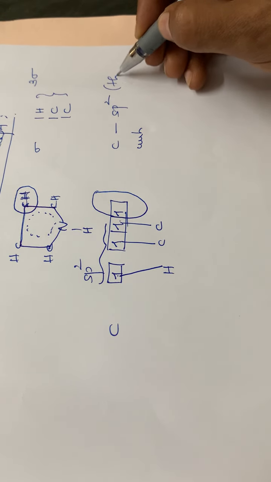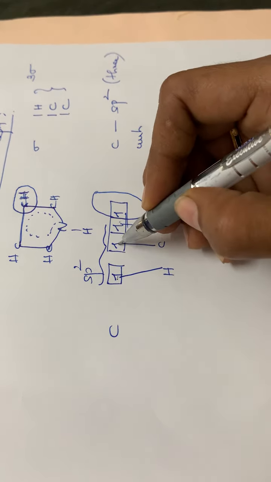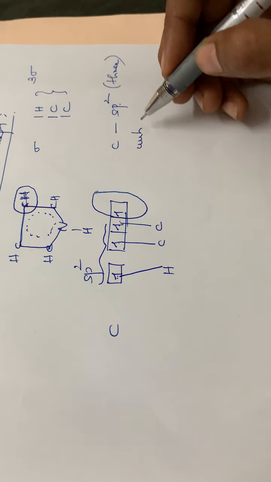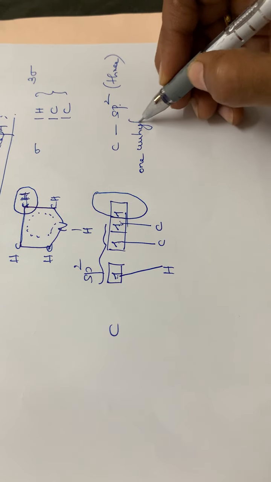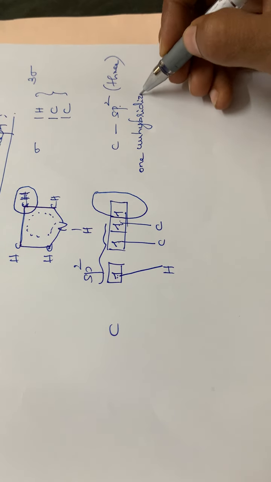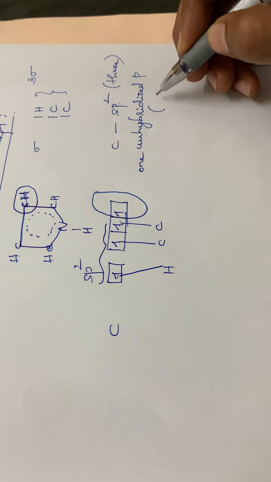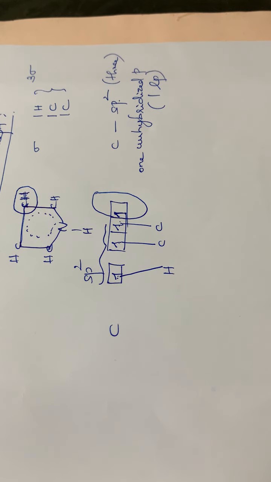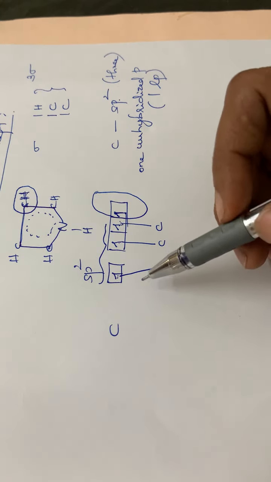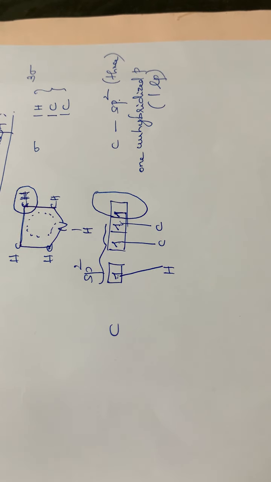This one unhybridized p orbital has a lone pair of electrons. So this is the general hybridization of this carbon atom in the case of pyrrole.